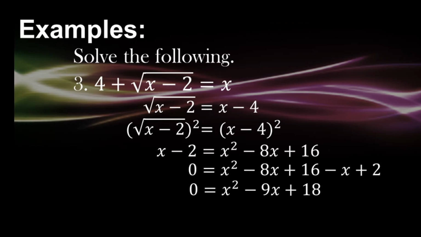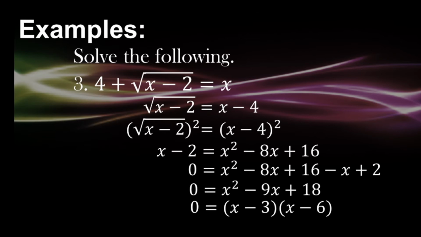Since we have a quadratic equation, we can make use of the methods of solving quadratic equation in order for us to solve for the value of x. So since the quadratic equation is factorable, we make use of the factoring method. So the factors of our quadratic equation are x minus 3 and x minus 6.